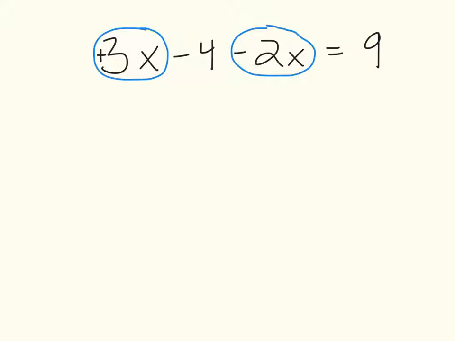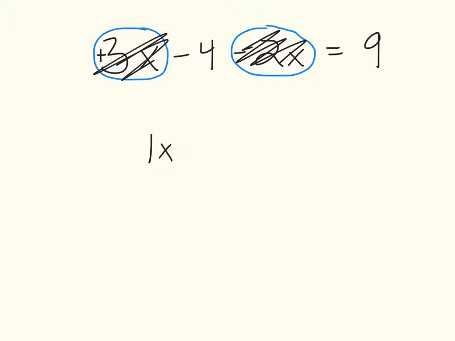So this is a positive 3x and a negative 2x, or in other words, I've got 3x minus 2x. Well, 3x's minus 2x's is 1x. Kind of like 3 apples minus 2 apples is 1 apple. And that's my combined like terms step right there.